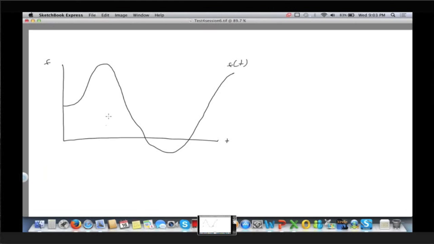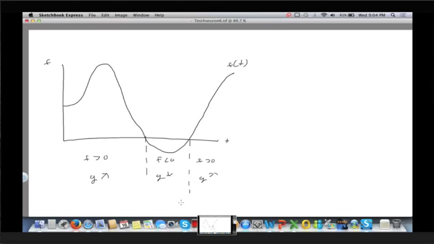Okay, and then good. I guess I didn't put any numbers on here, so all you can do is just kind of label the graph.